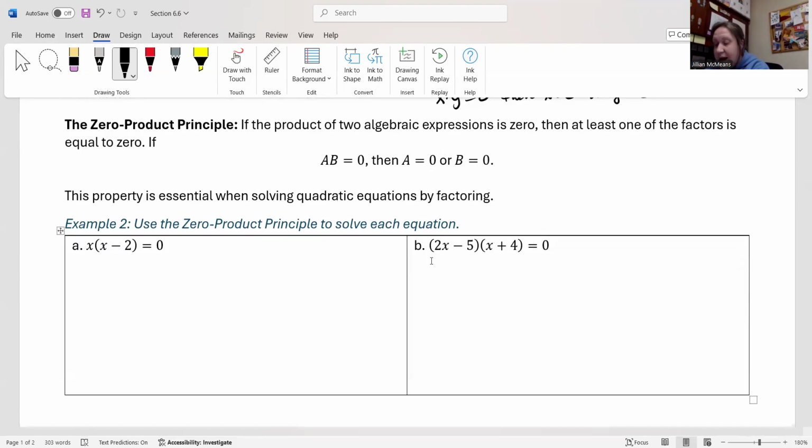For part A, I have two factors. My factors are x and x minus 2. Since the product is 0, at least one of the factors is 0.